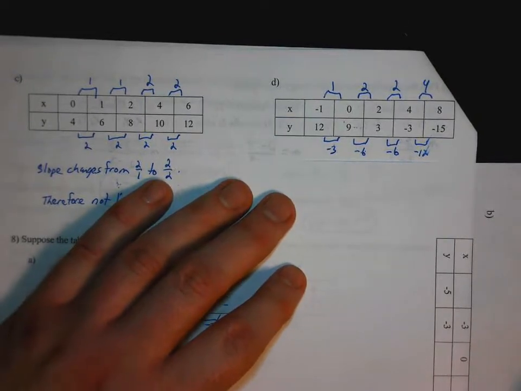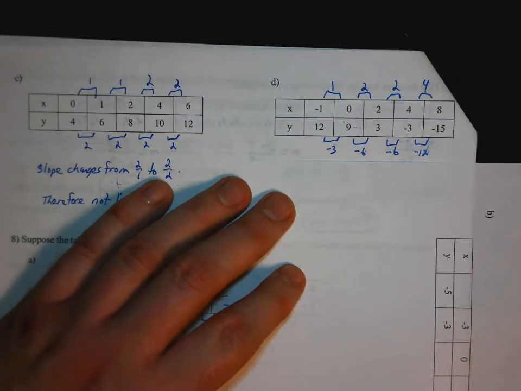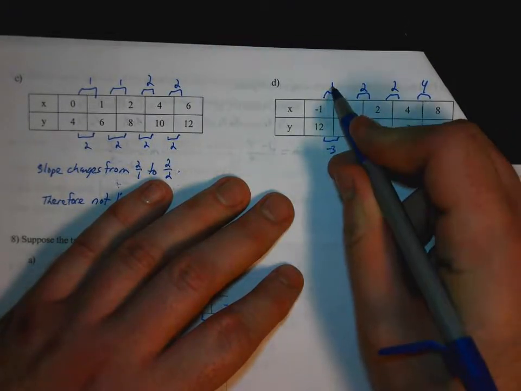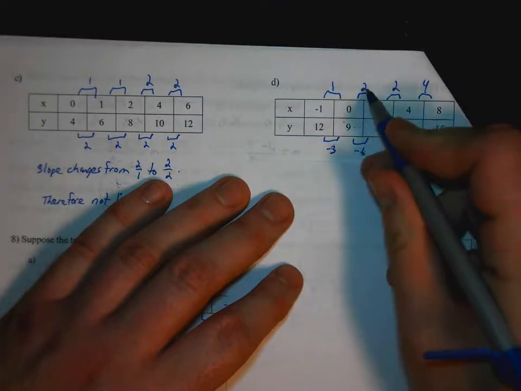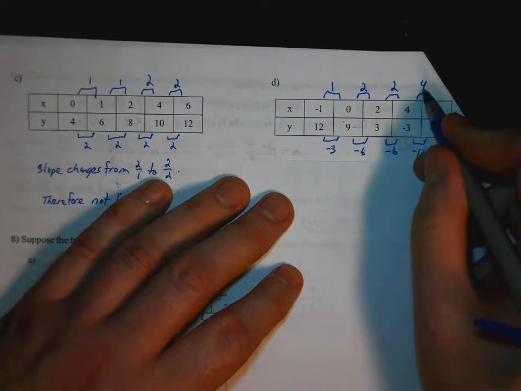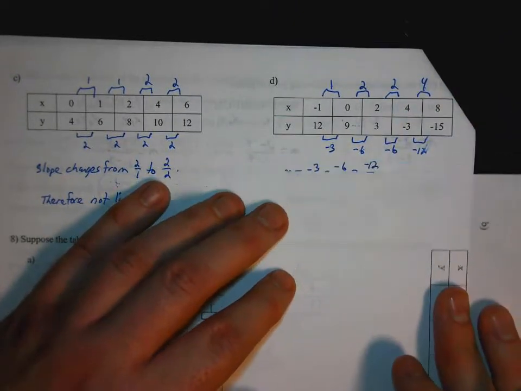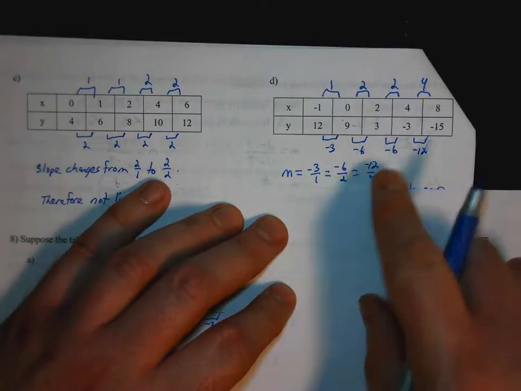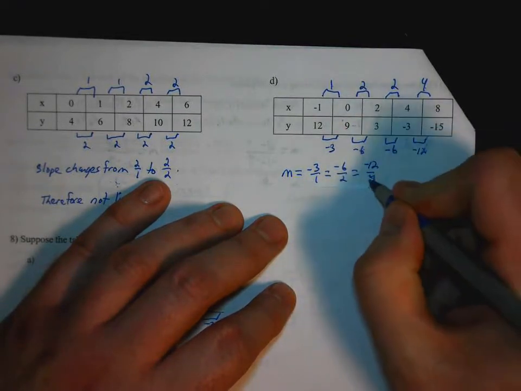Now the big question is, is this linear? Well, when you look at the ratios, negative 3 over 1, negative 6 over 2, negative 6 over 2, and negative 12 over 4. If you reduce all of those, negative 3 over 1, negative 6 over 2, and negative 12 over 4, okay, that's a 4 right here.